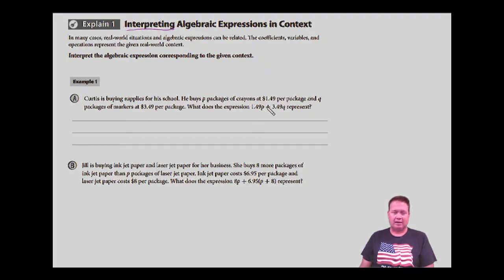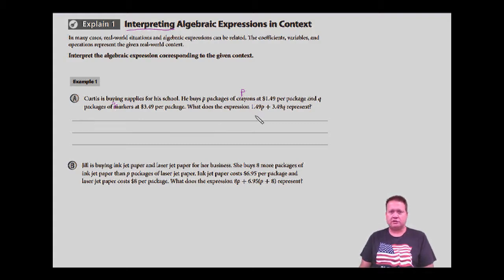I've got a couple of situations going on. I'm buying some of P and I'm buying some of Q. So P stands for crayons and Q is my markers. It says, what does this expression, $1.49P plus 3.49Q represent?